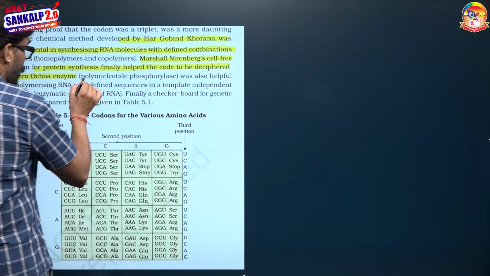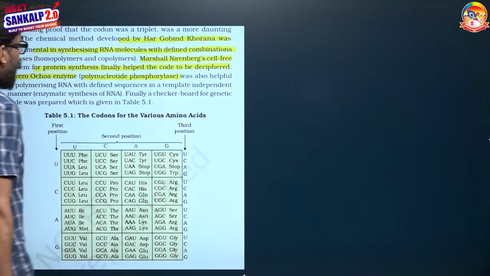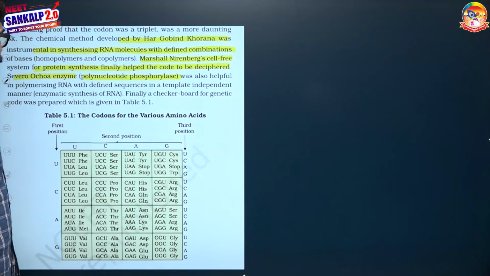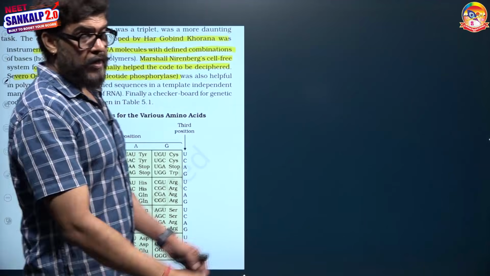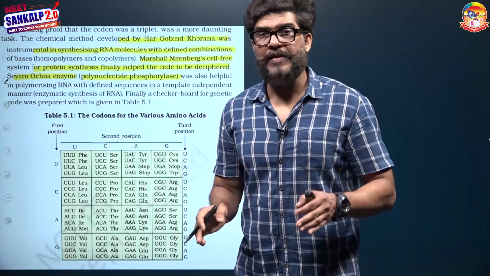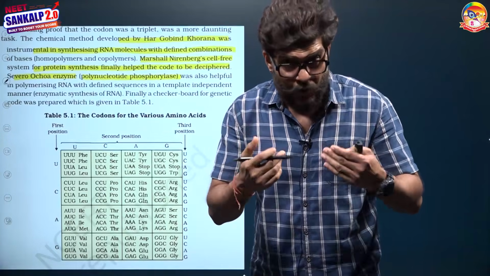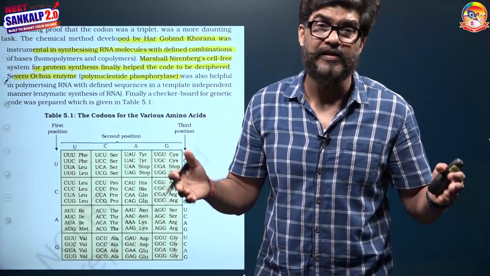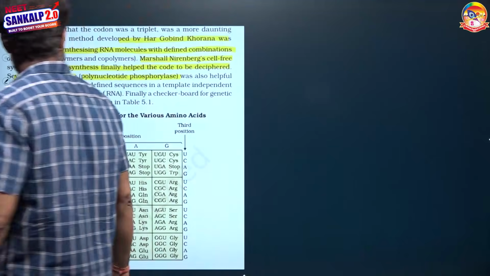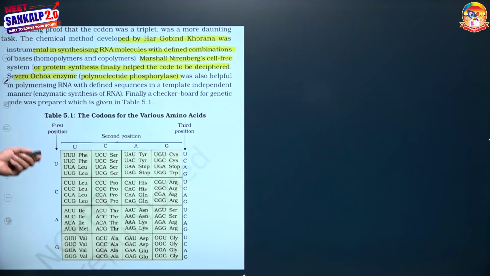Severo Ochoa's enzyme, very important, polynucleotide phosphorylase, was also helpful in polymerizing RNA with defined sequences. It means the Severo Ochoa enzyme was the enzyme used for the synthesis of artificial RNAs of known sequences so that the genetic code could be deciphered. This is the scheme of genetic codes.